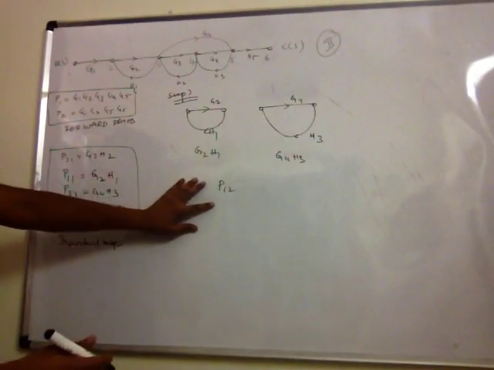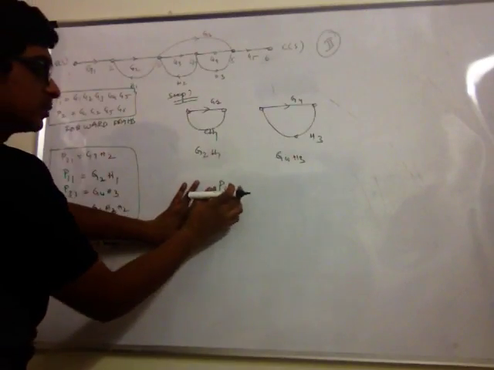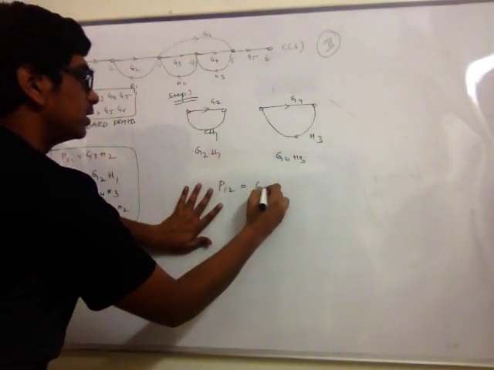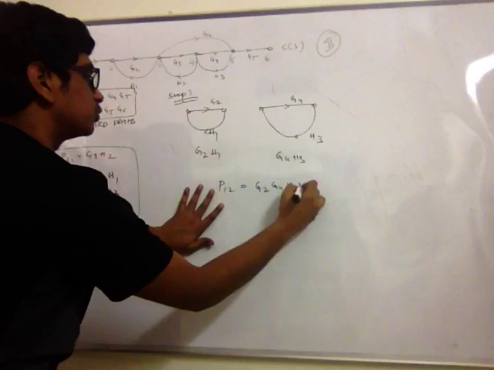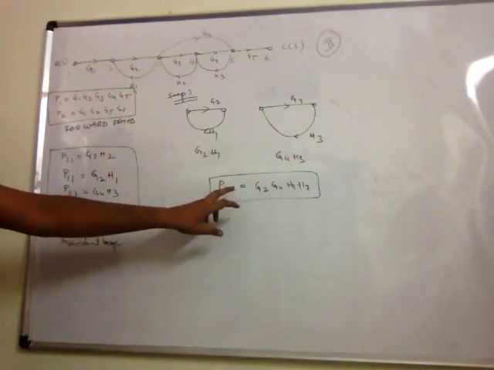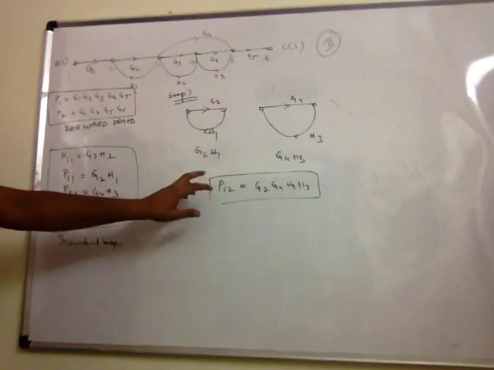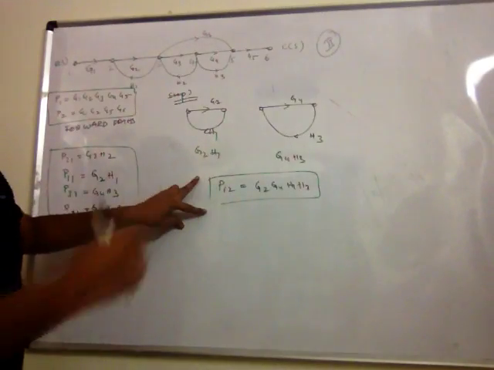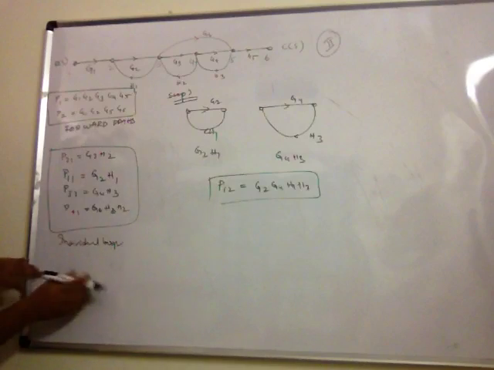So now I have this product as G2, G4, H1, H3. So this is my product of the non-touching individual loops. So even this, I'm writing it down here.